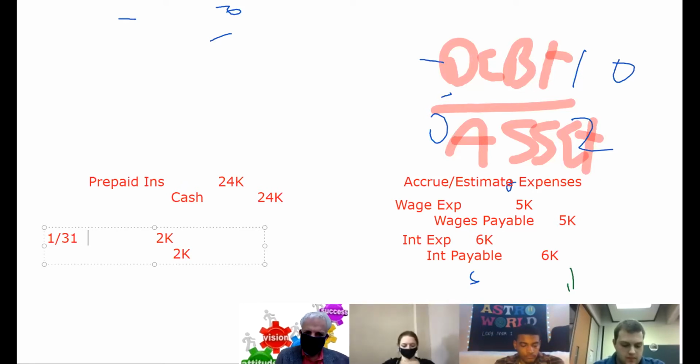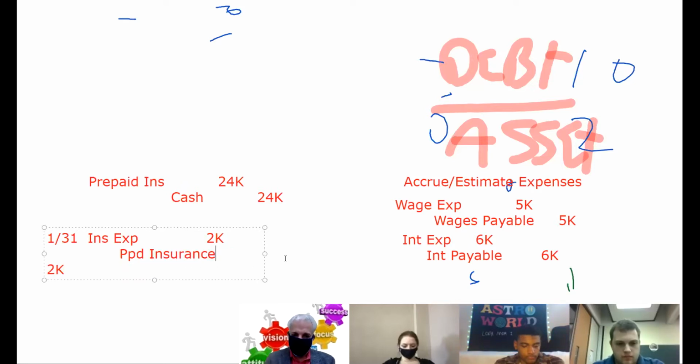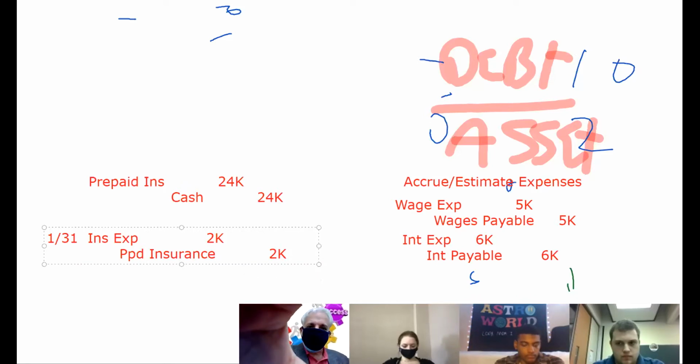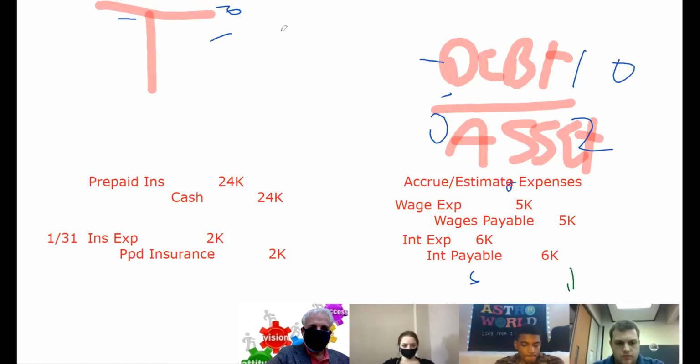January 31, we're going to have an expense called insurance expense. And we're not paying cash. We already paid the cash in December. So we're going to reduce our prepaid insurance by $2,000.